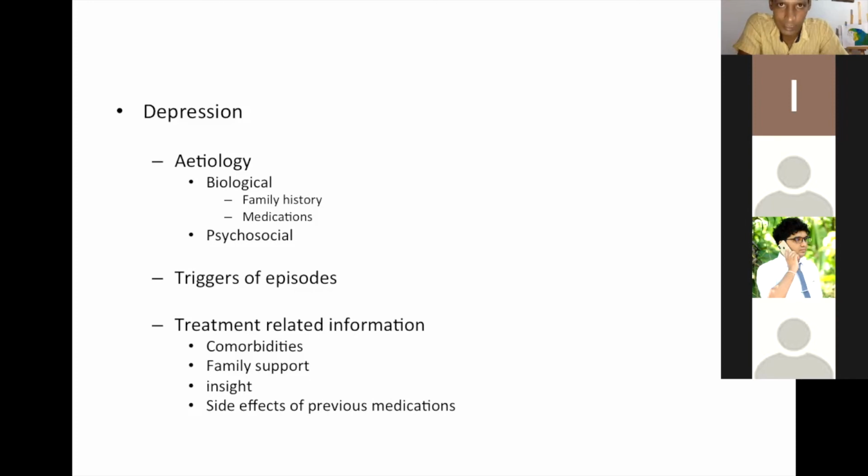Especially, what do you look for specifically? Were there any depressive episodes or manic episodes? Yes, specifically look for whether there were any manic episodes in the past, or whether all the past episodes were depressive episodes.